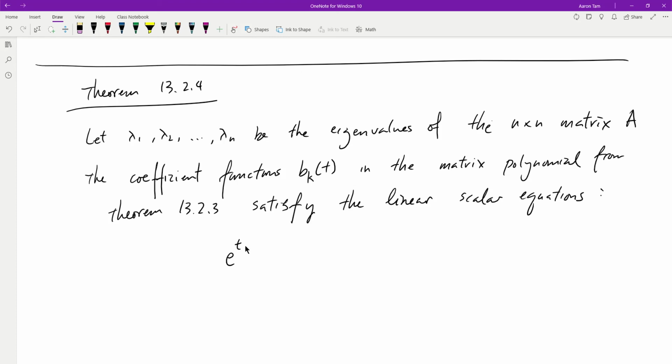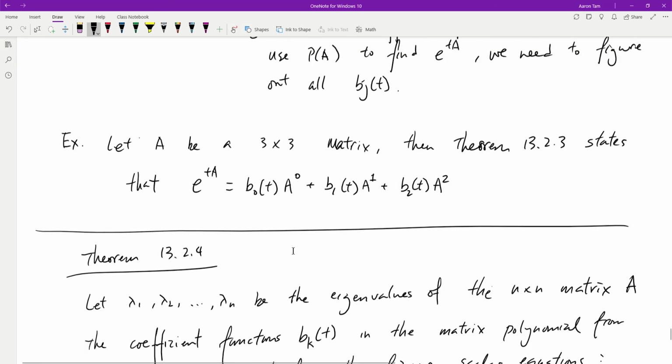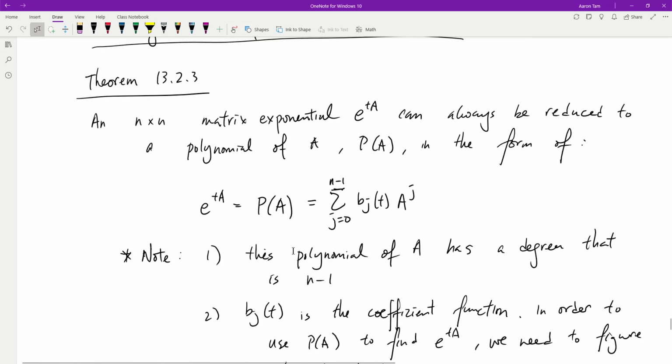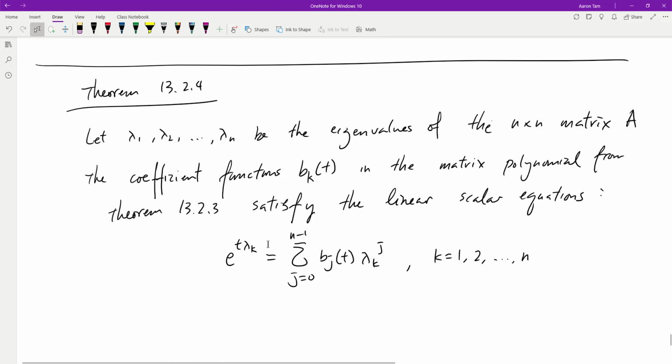So I'm going to say e to t lambda sub k equals the summation j from 0 to n minus 1 of b sub j of t lambda sub k to the j, where k goes from 1 to 2 dot dot dot to n. So if you look at this formula right here, hopefully you recognize that it looks almost identical to this formula right here, except that the matrix A gets replaced by the eigenvalue.